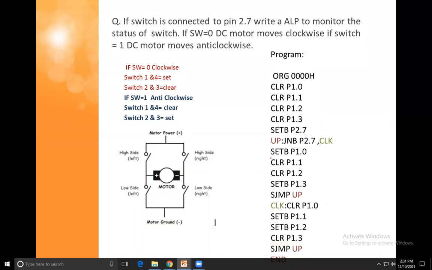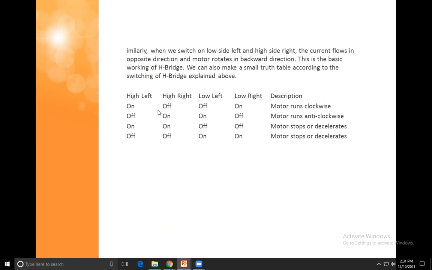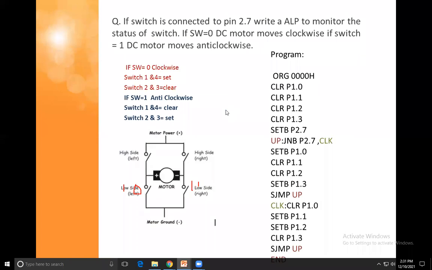The argument set bit, it is your anti-clockwise direction means what? You have to rotate this one. So here is 1.0, 1.1. Switch 1 and 4 are the close.